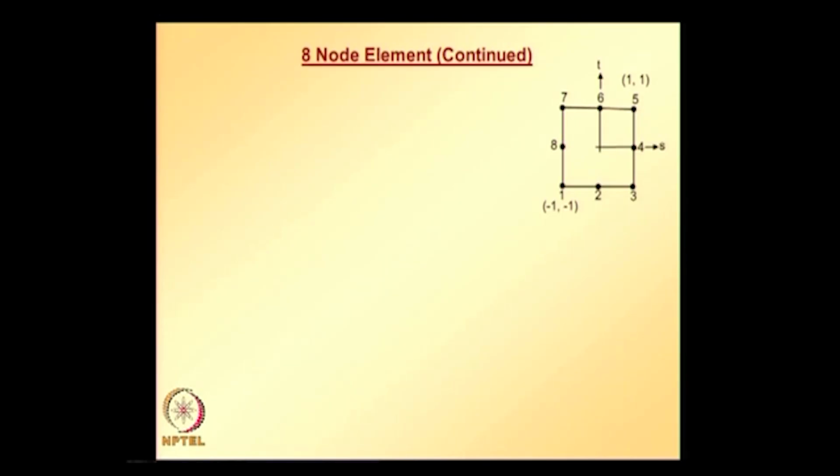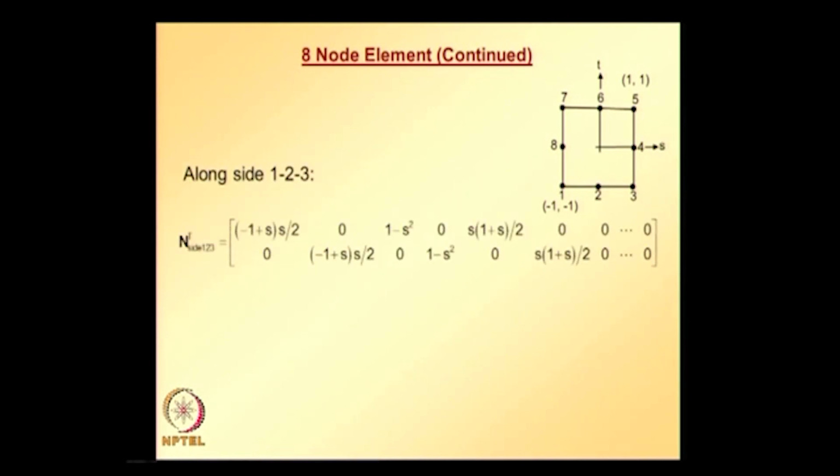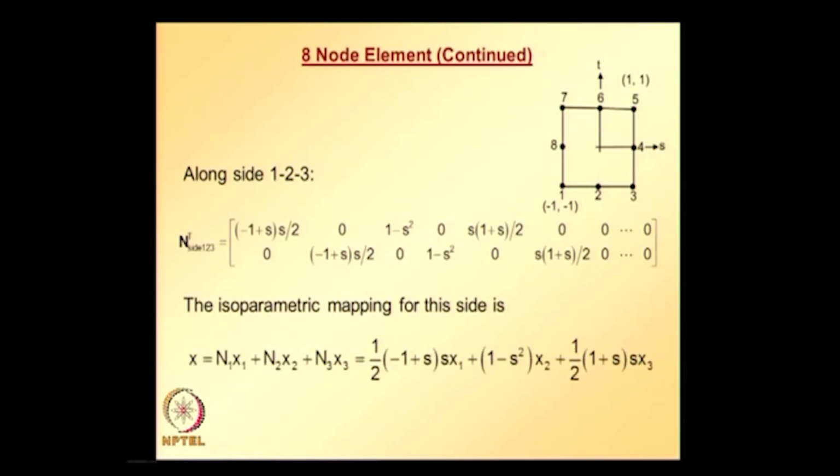So, we need to write the shape function matrix along side 1, 2, 3, and then we need to write the isoparametric equations, because we need to know the Jacobian, how the differential element in the parent element along that particular side is related to the differential element in the actual element along that side. For that we require the isoparametric mapping relation for the side.